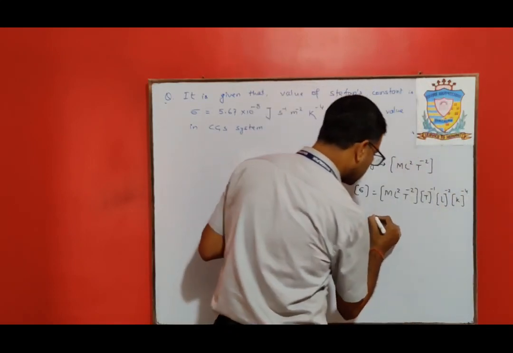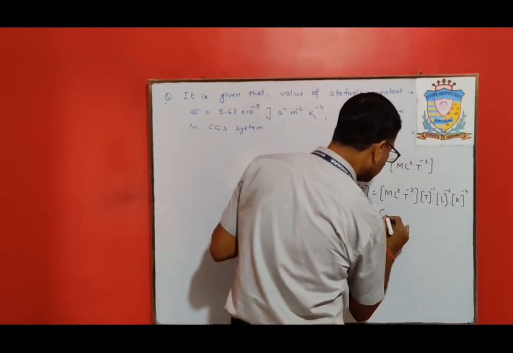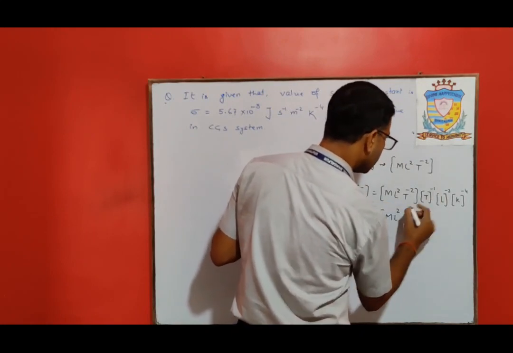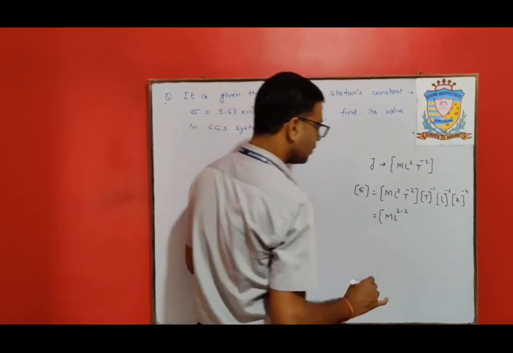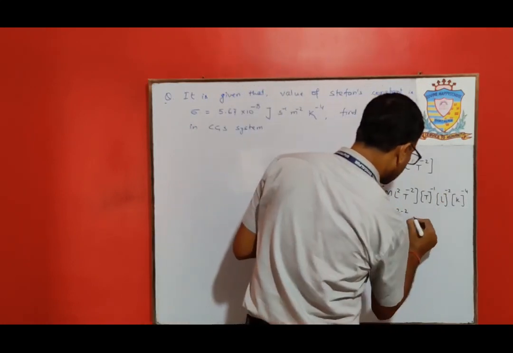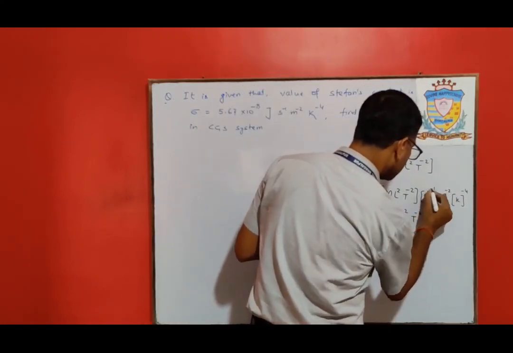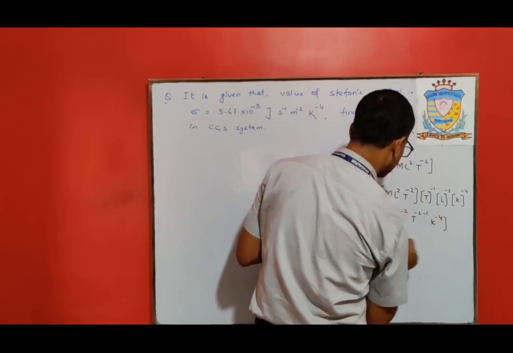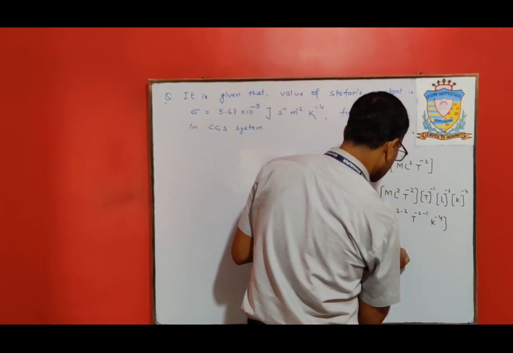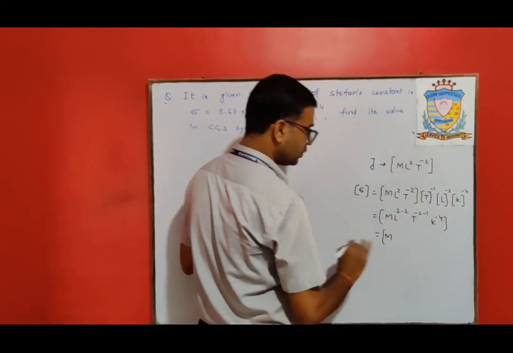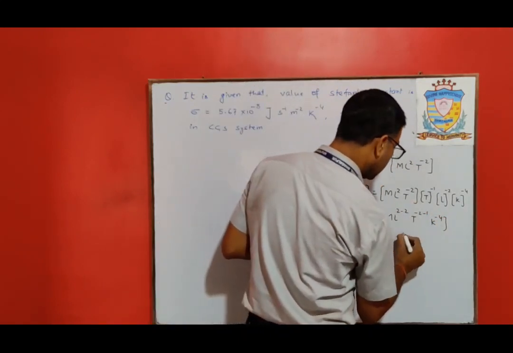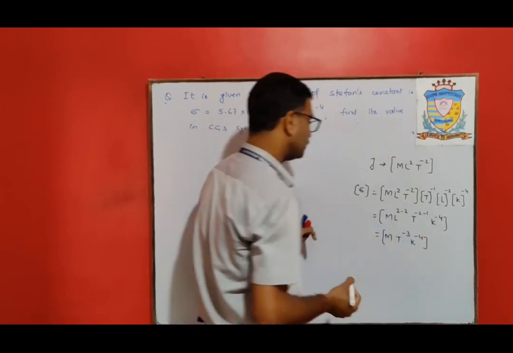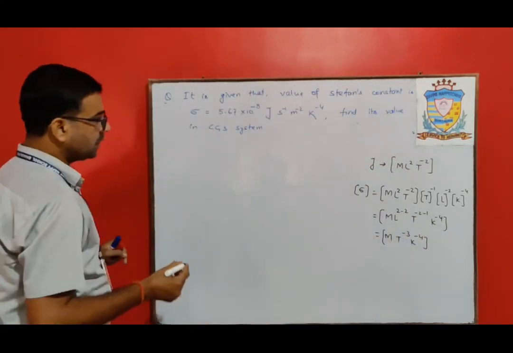So this can be written as m, L to the power 2 minus 2, T to the power minus 2 minus 1, and K minus 4. So m, L minus 2 plus 2 is 0, T minus 3 and K minus 4. Clear?